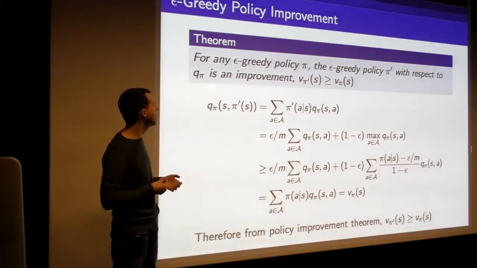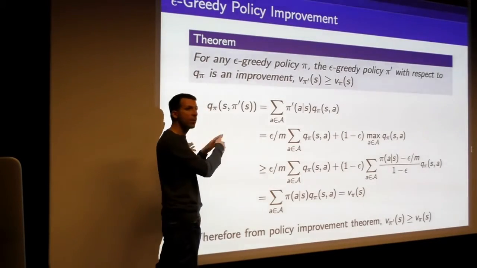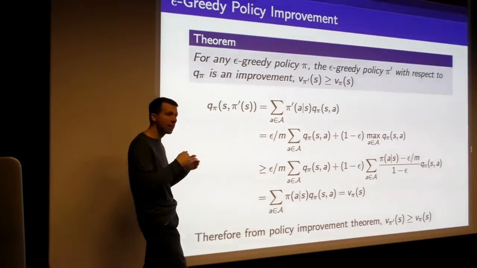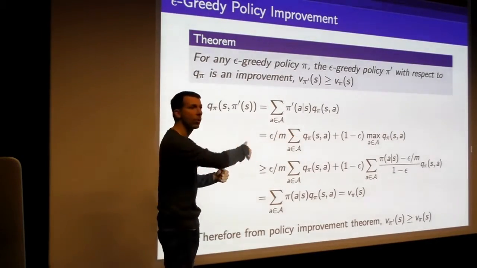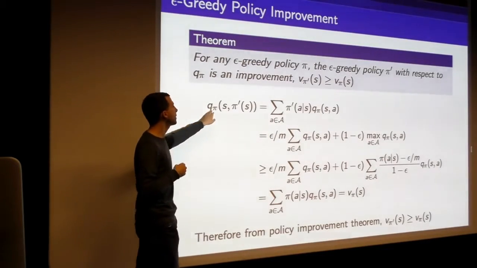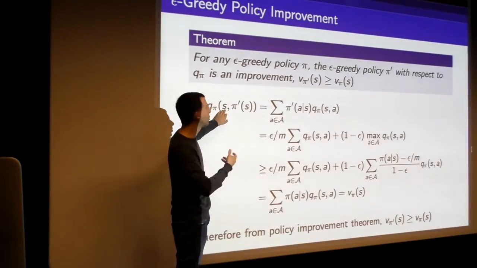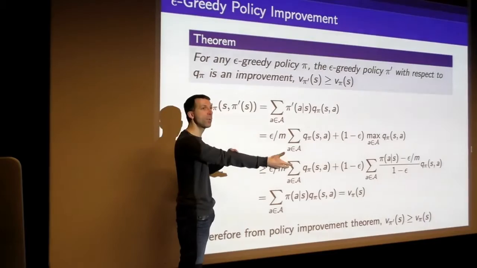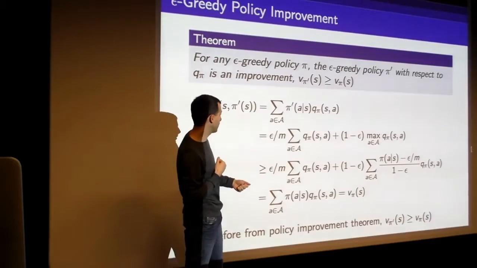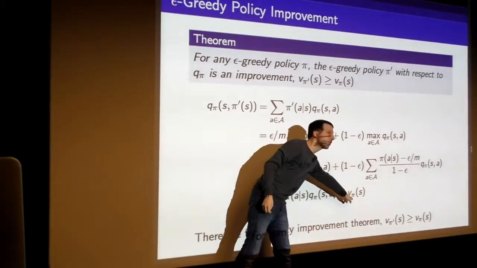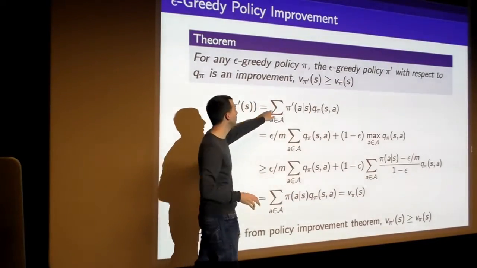So the simple proof here is the same idea we saw in the dynamic programming lecture, where we're just going to prove this over one step, and then we're going to argue that that whole thing telescopes by unrolling it using the Bellman equation. So over one step, we want to show that taking one step of our new policy is better than the value of our original epsilon greedy policy.